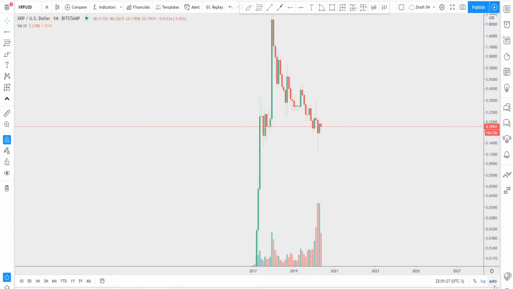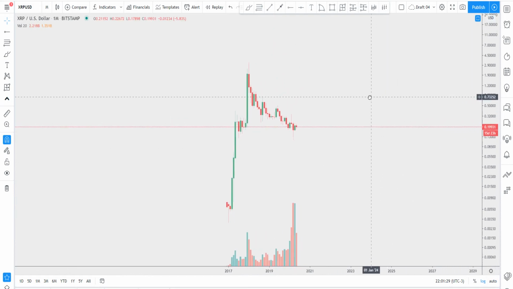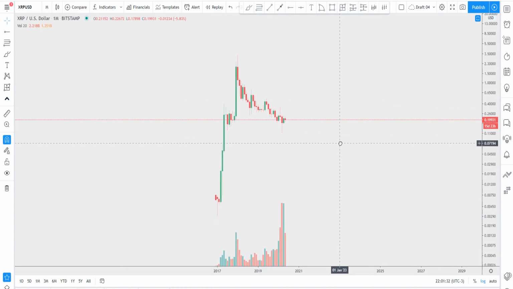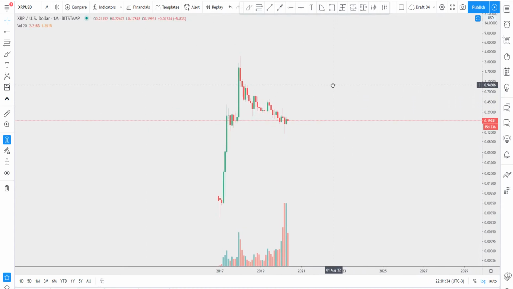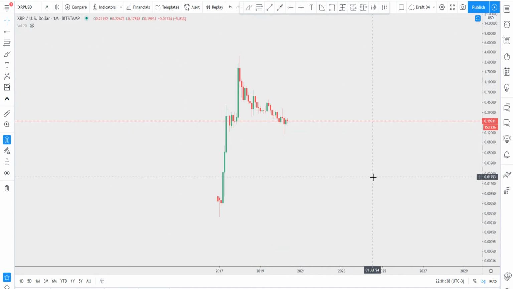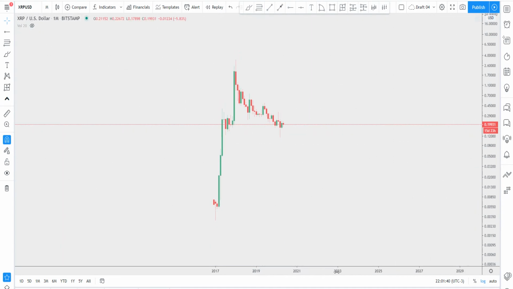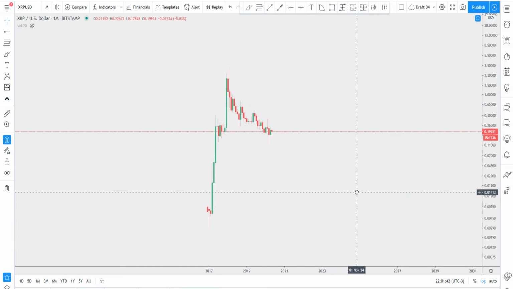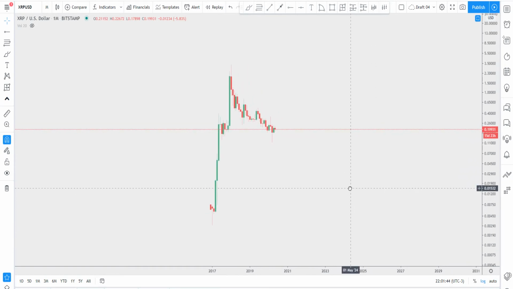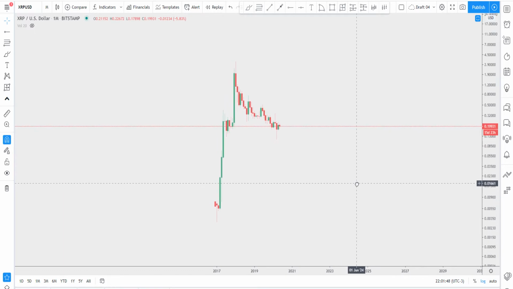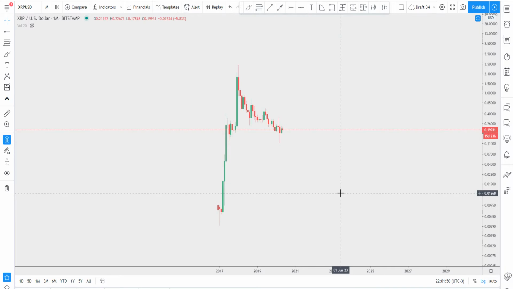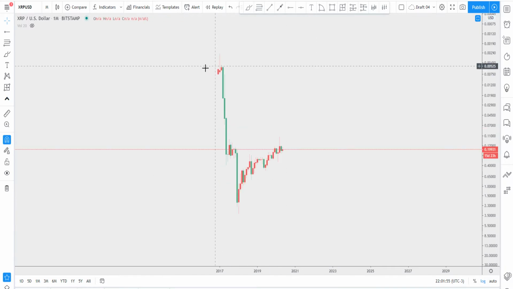Now let's take a closer look here, because I'm going to show you something that maybe you haven't seen yet. This is the bigger picture for XRP. I'm going to show you another scenario which can change or kill the bear or bull bias. Let's take a look at this example.